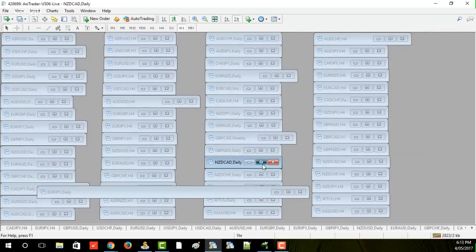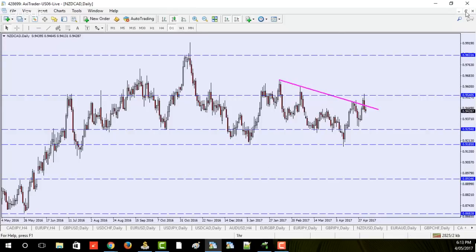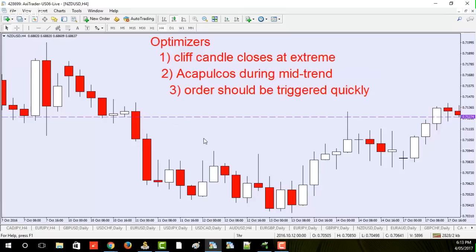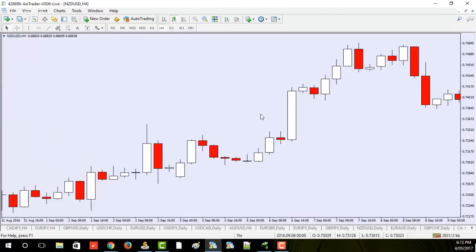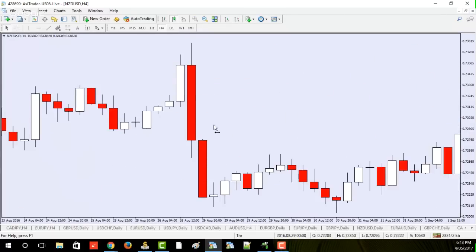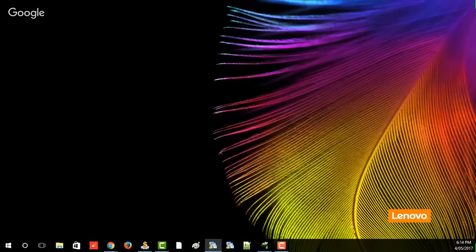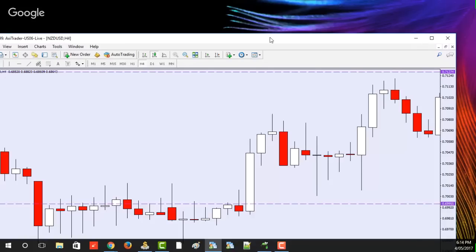Okay. All right, let's do this one. This is the New Zealand dollar. Actually, you know what I'm going to do? I'm going to move this off, and I don't want you guys to see it. The only reason I do that is because I don't want to make this too easy on you.